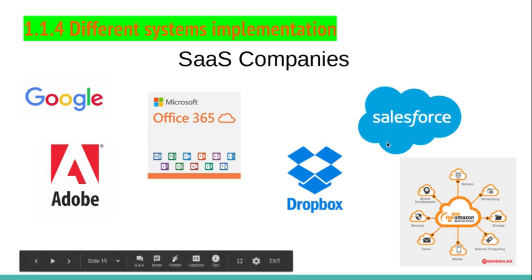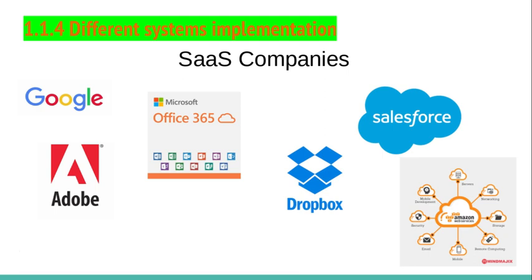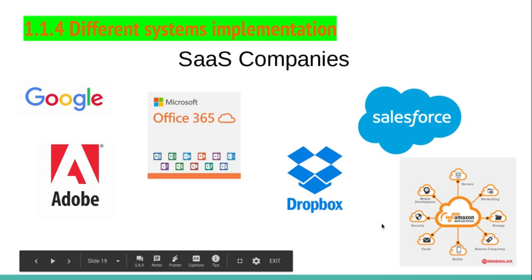Salesforce is a customer relationship management company that's totally online. And then Amazon Web Services, very popular. A lot of the apps that you use, Snapchat, Instagram, are hosted on Amazon servers, and you're accessing them through the web. None of these things are actually installed on your local computer. You're accessing them through the internet.